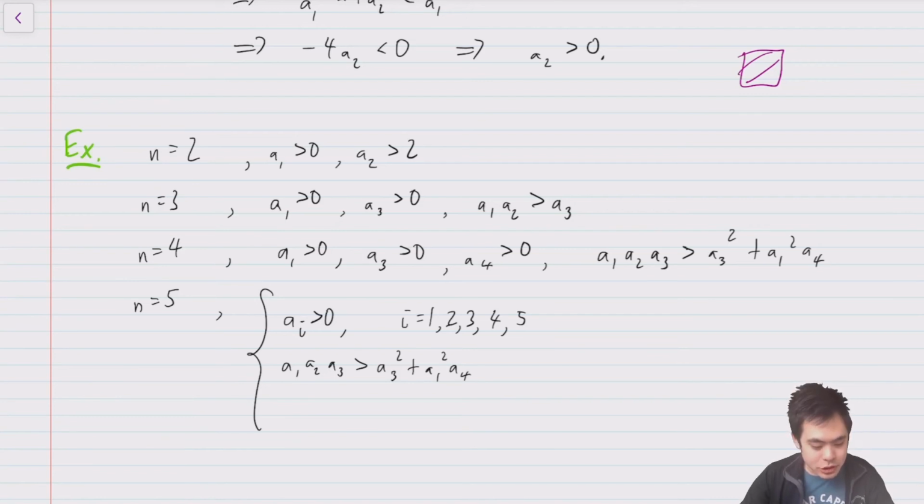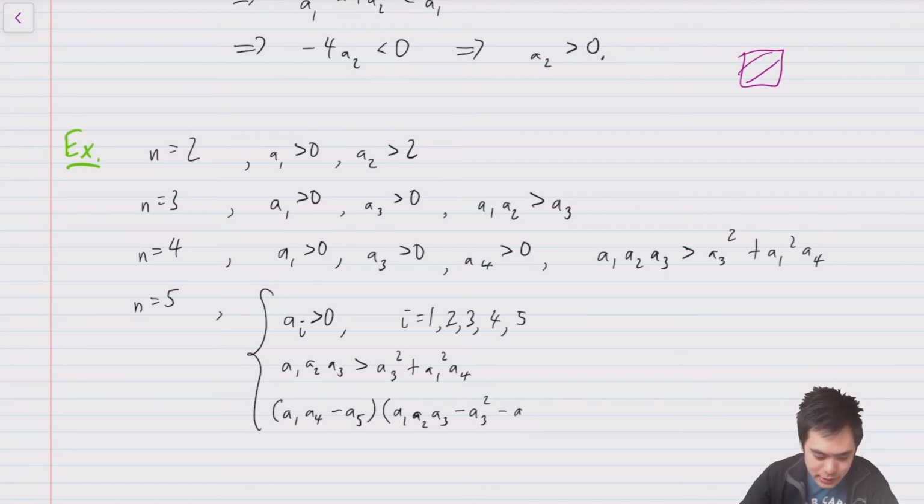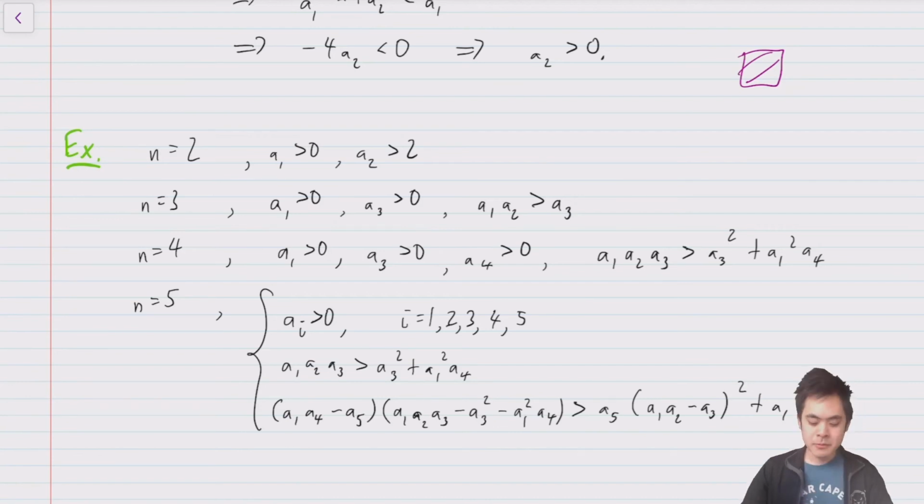So that was the same condition we had for the case of n equal to 3. And we also have another even more complicated condition: (a1 a4 minus a5) times the entire quantity times (a1 a2 a3 minus a3 squared minus a1 squared a4) is greater than a5 times the quantity (a1 a2 minus a3) squared, plus a1 a5 squared.